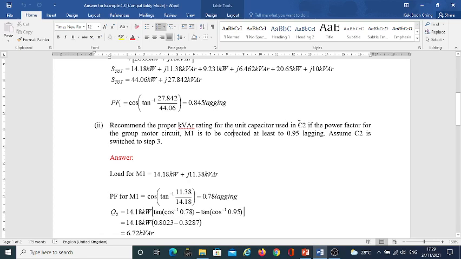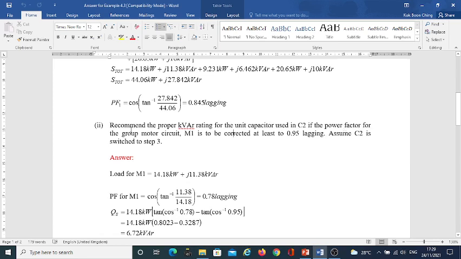Just now, because we see the C2, we don't have the unit capacitor, that's why we are required to calculate. So how much is the proper unit capacitor to be used?